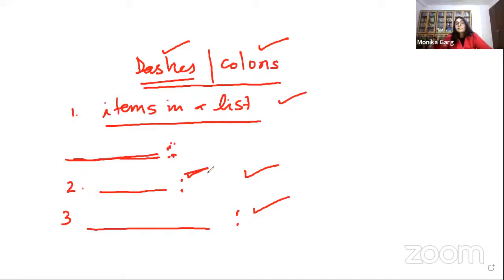So colon basically is spontaneous. It gives you what is expected, while dash is dramatic. It has a lot of drama in it. So when you want to say something which is simple, you'll use a colon, but when you want to create a dramatic effect or you want to make it more intense, you'll use a dash. So I say, you must exercise every day: it keeps you healthy.